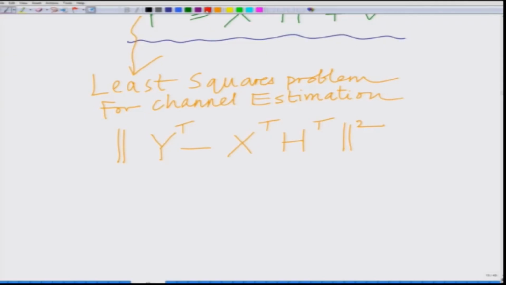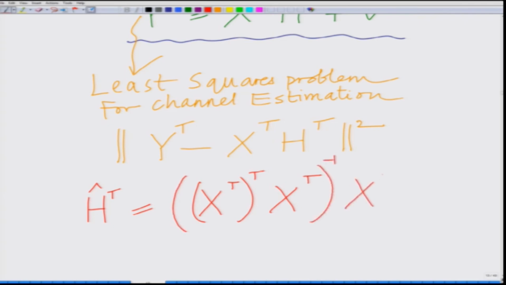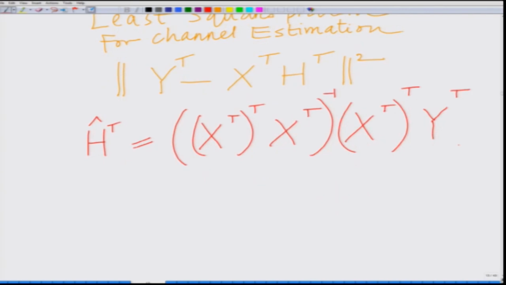So, the corresponding least squares estimate of h transpose, remember we have formulated the problem in terms of the transposes, that is the pseudo inverse of x transpose, which is basically x transpose times x transpose inverse x transpose times basically your y transpose, and that is equal to basically x transpose inverse x times y transpose, that is the estimate of your transpose of the MIMO channel matrix.